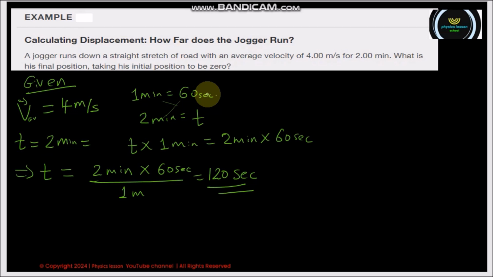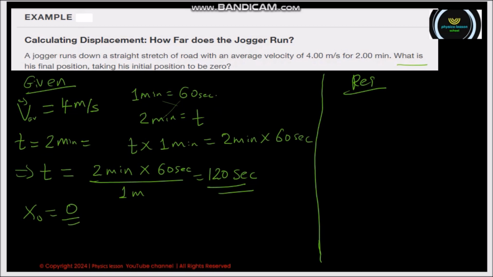Take his initial position to be 0. Another given thing is the initial position, x naught, which is equal to 0. What's required? Required is his final position.